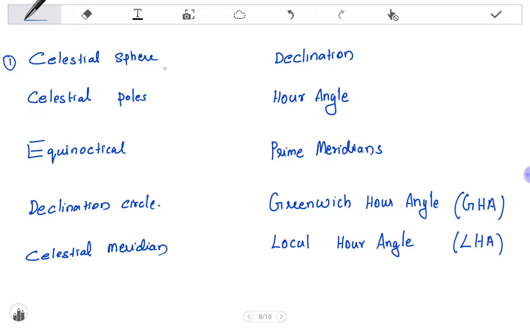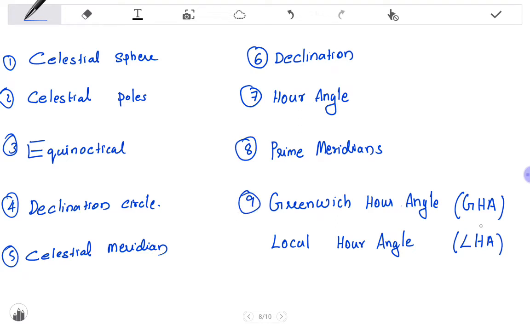First, what is the celestial sphere, and second, what is the celestial pole, and third, what is the equinoctial, and fourth, what is the declination circle, and fifth, what is a celestial meridian, and sixth, what is declination, and seventh is hour angle, eighth is prime meridian, and ninth is Greenwich hour angle or GHA, and the tenth topic is LHA. Okay, so let's discuss what is a celestial sphere.